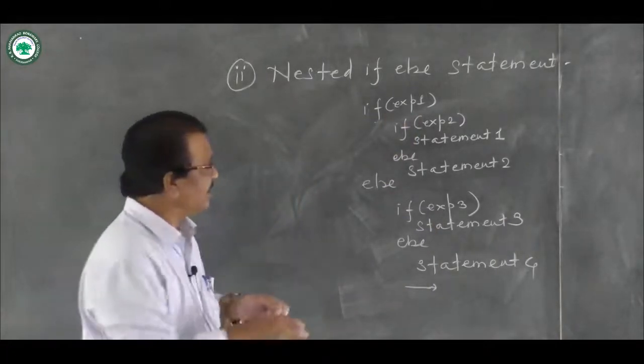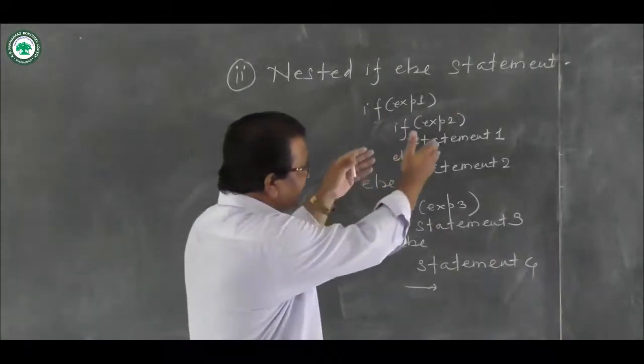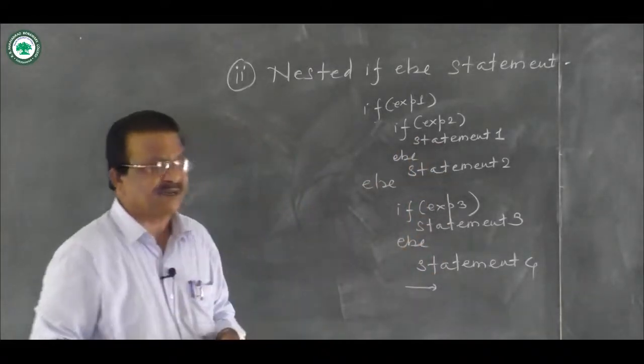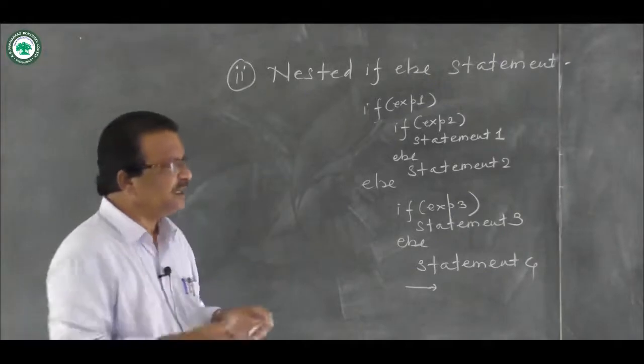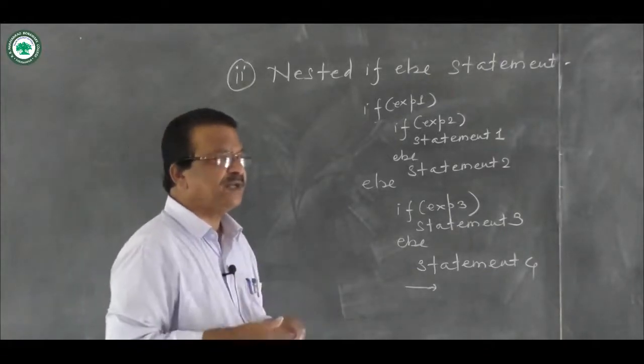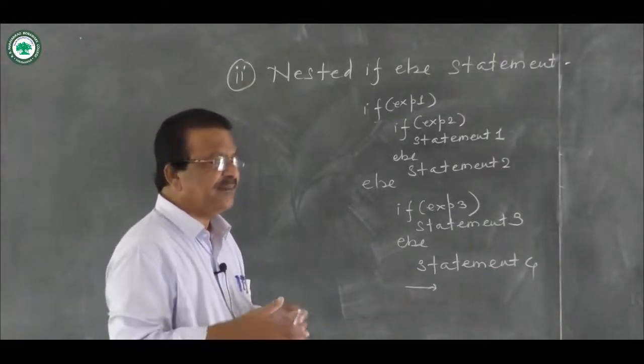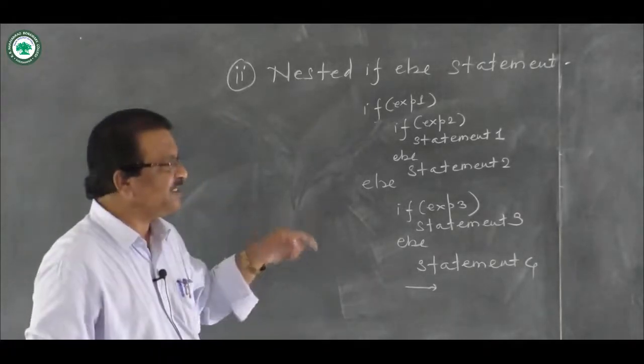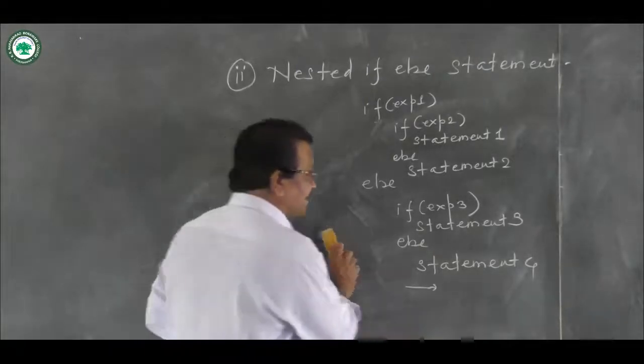And remember, statement 1, statement 2, statement 3 and statement 4 themselves can be conditional statements, and there is no limit on depth of nesting. But at the same time, as the depth of nesting increases, the complexity of the nested if-else program increases.